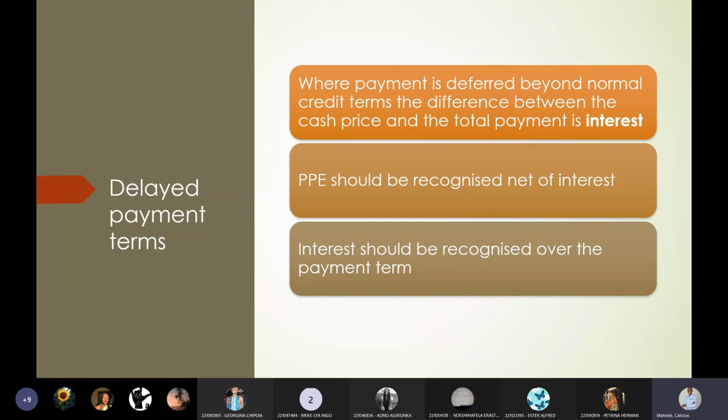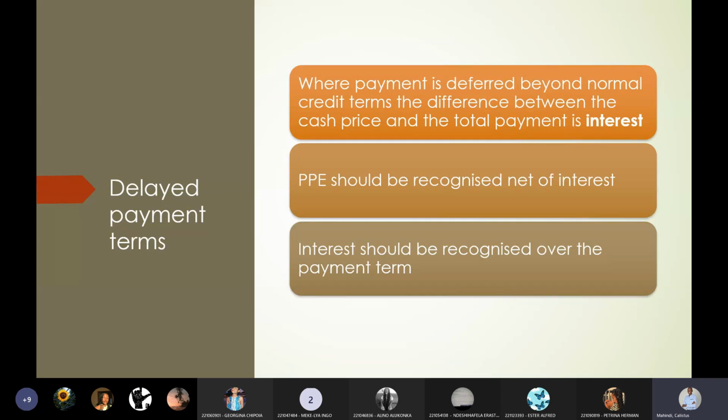For example, if your credit terms say you must pay within 2 months, and then you pay after a year, then that's a delayed payment term. Normally for delayed payment terms, we're looking at a period of at least 12 months. So it's payment terms beyond the normal payment terms.